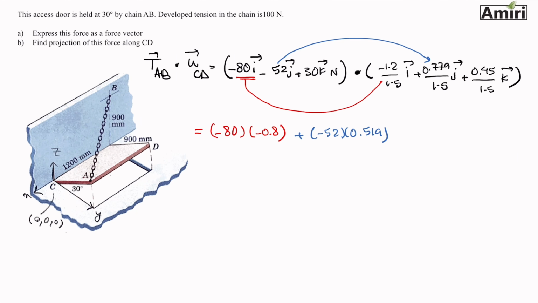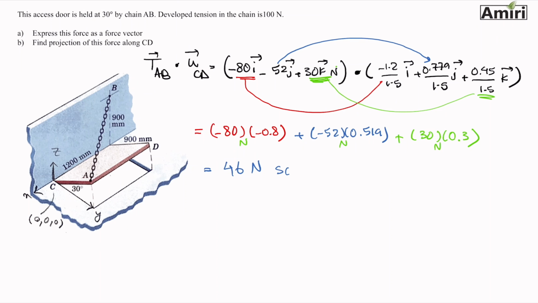And then finally you do these two together, so x by x, y by y, and z by z, and that will be 30 multiplied by 0.3. This is newtons by nothing, newtons by nothing, and newtons by nothing, so the result is in newtons. You see there's no ijk anywhere. If you do the math on this one, you should get 46 newtons.